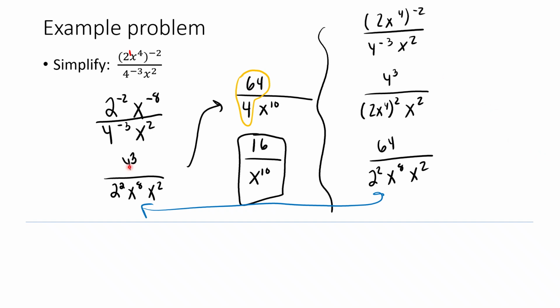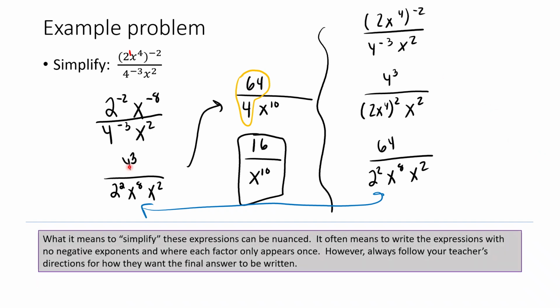Now, what it means to simplify these expressions can be nuanced. There are some subtleties to it and maybe some flexibility. It often means to write the expression with no negative exponents, so your final way of writing it will have no negative exponents in it, and each factor only appears once. What we mean by that is, see how the x is here twice?